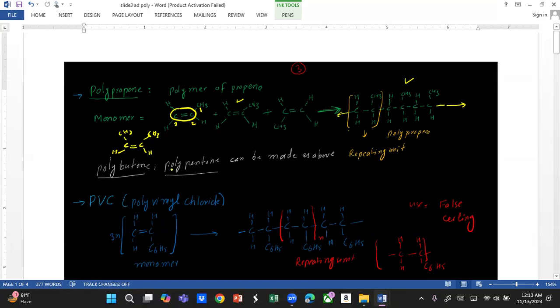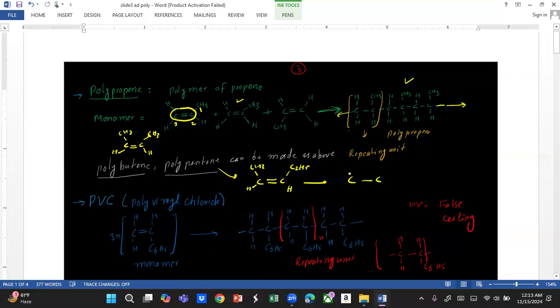Hope you understand. Similarly, for polypentene, this is the monomer, and you can make the polymer like this. You can write C2H5 here and CH3 here. And this is pentene. We can make polypentene like this.